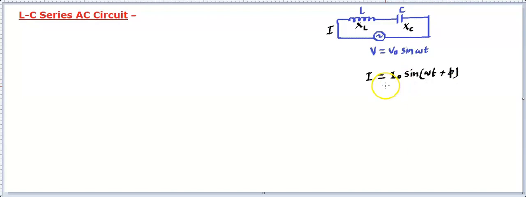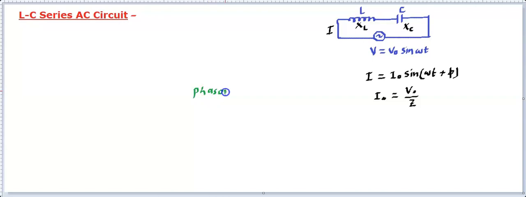Then we need to find this I naught, where I naught is going to be equal to V naught divided by the impedance, which is Z. So if we are able to find Z, we can find I naught, and we need to find phi using the phasor diagram. So the first important point is that we draw a phasor diagram.